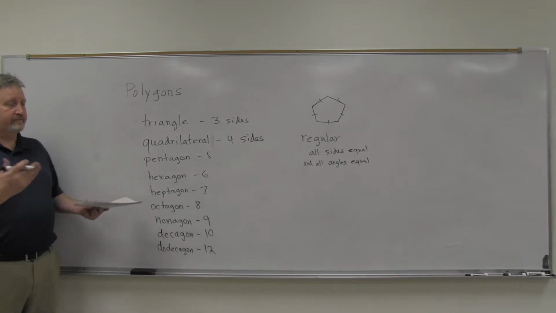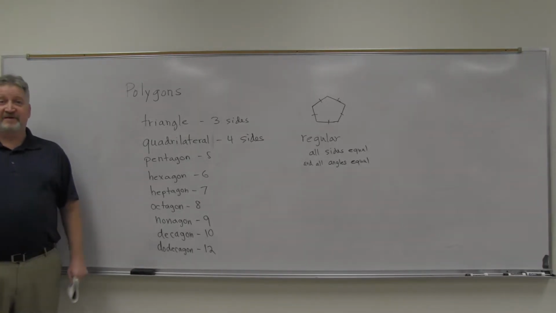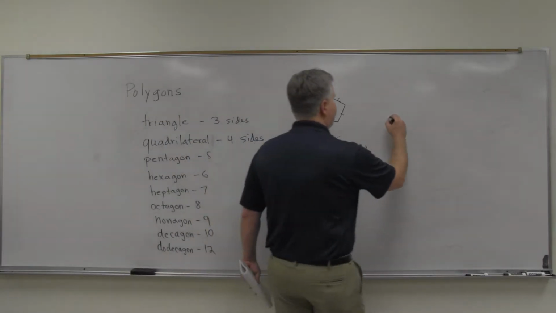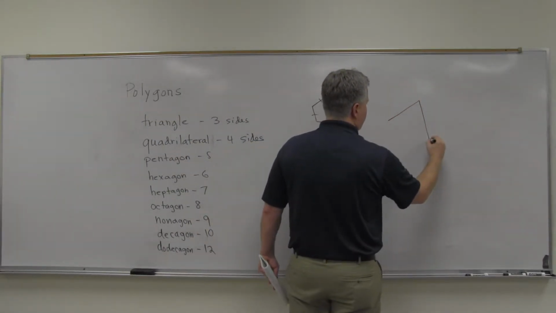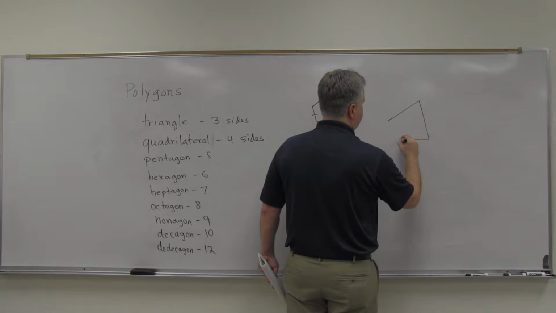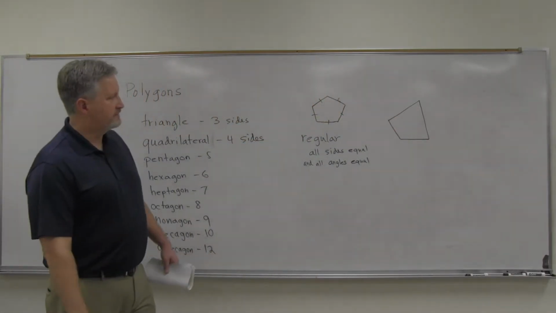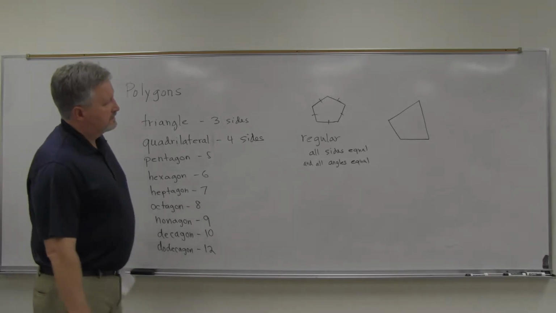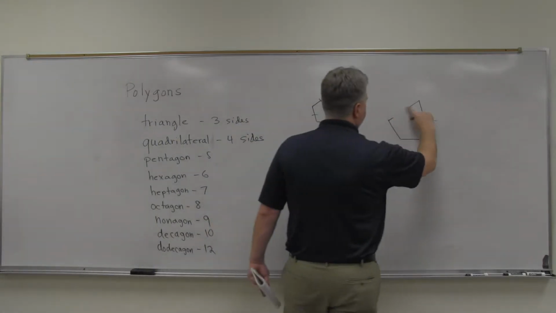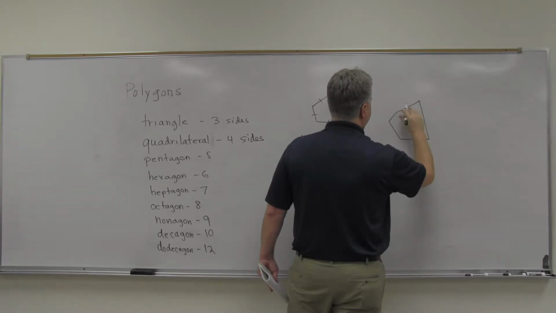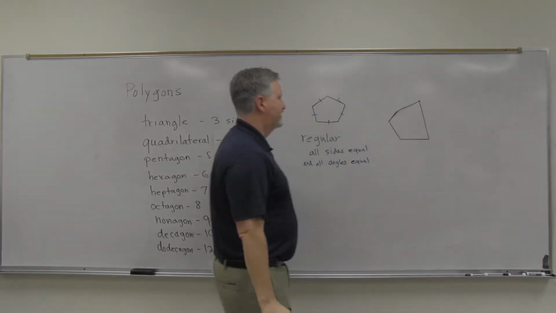polygons, pentagon, hexagon. But does a pentagon have to be regular? No, it can be quite unregular, I guess you might say. It doesn't have to be regular, that one. Okay, 5 sides.